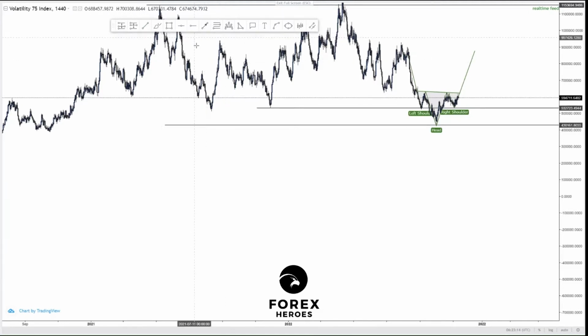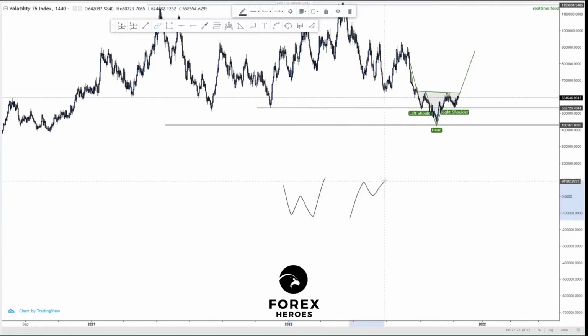Patterns where you get a double bottom, a double top, which is an M formation, then you get a reverse head and shoulders, and then a normal head and shoulders.